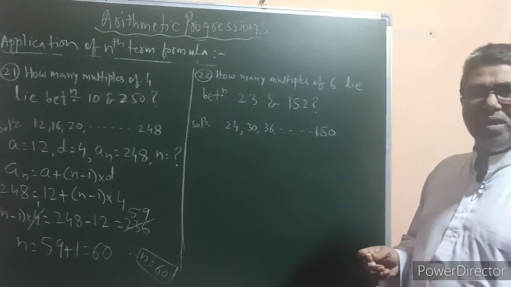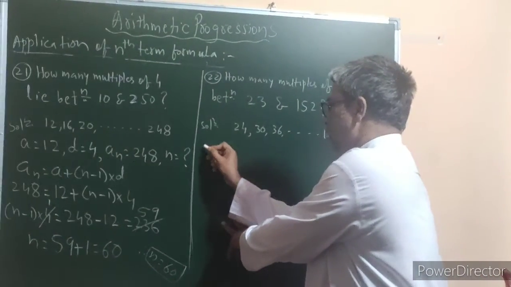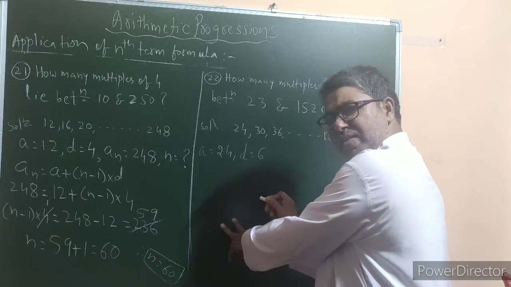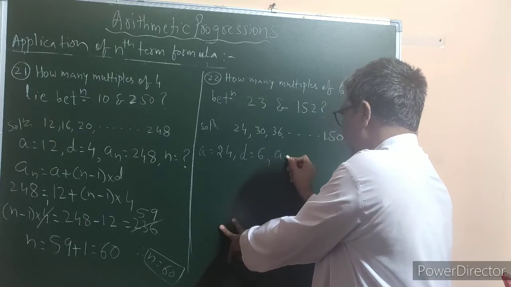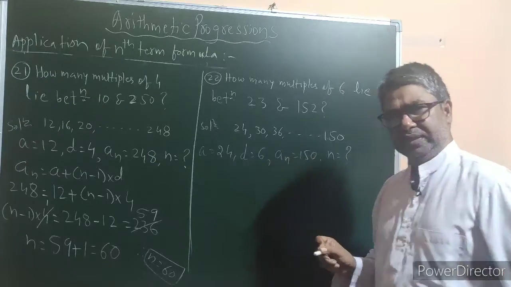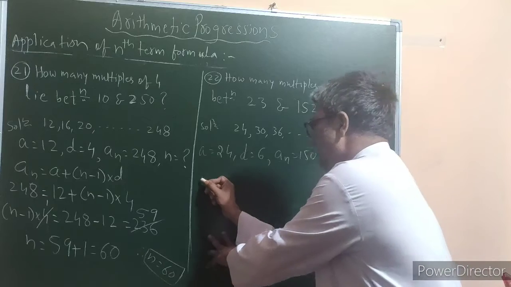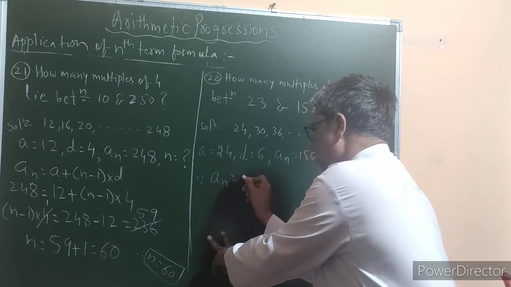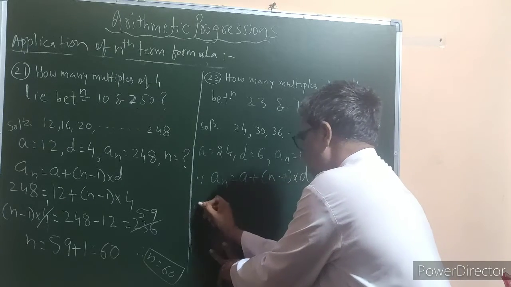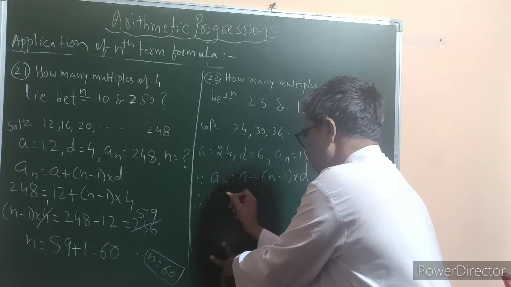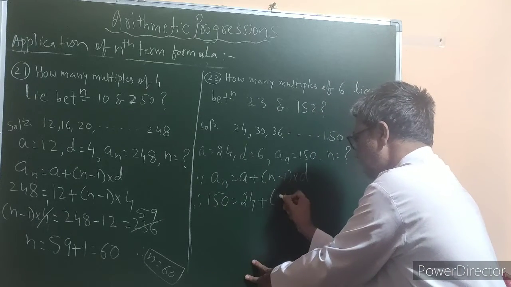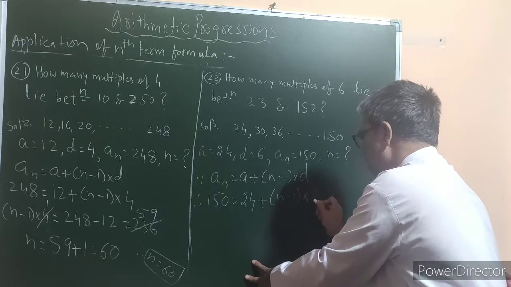Now the value of a is 24, the value of d is 6, the value of an is 150, then n equals question mark. Same mechanical work, write the formula. Since an is equal to a plus n minus 1 multiplied by d, therefore 150 is equal to 24 plus n minus 1, and the value of d is 6.